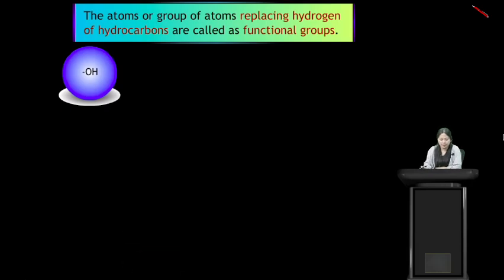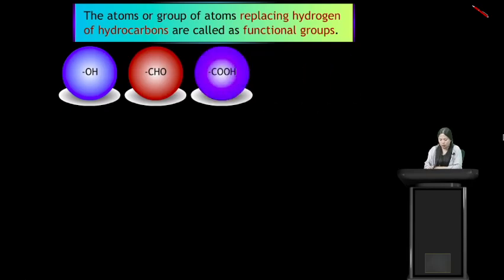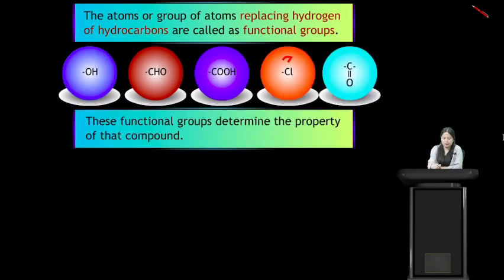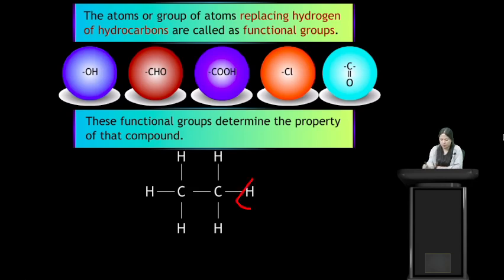Some of the functional group are OH, CHO, COOH, then we have Cl. It can be Cl, Br, halogens, and we have C double bond O. So these functional groups determine the property of that compound. Suppose we replace one of the hydrogen in this hydrocarbon with OH, then we will get alcohol. If we replace by CHO, we will get aldehyde.